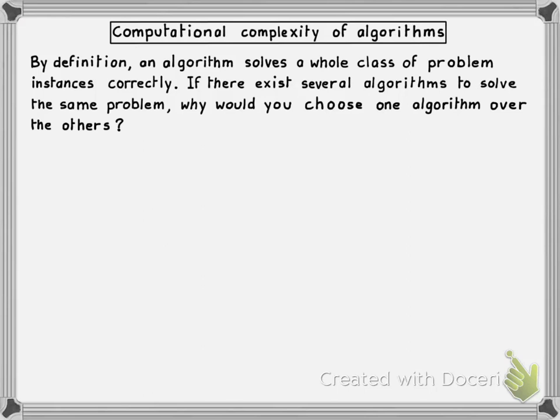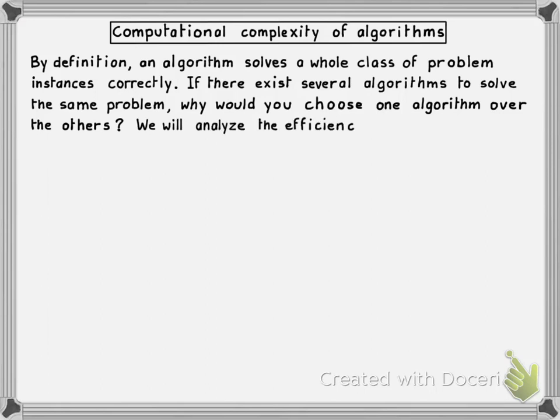Now the reason is, the easier the algorithm, the more likely you will be able to implement it fast and reduce your debugging time and minimize the number of errors, and therefore maybe increase the safety or reliability of the implementation. Now in this class, we're not going to use any of these criteria.